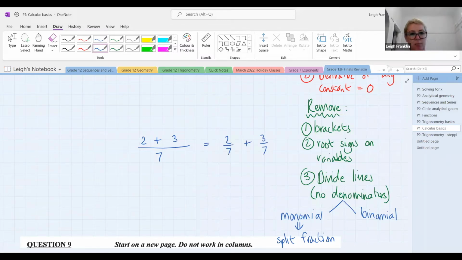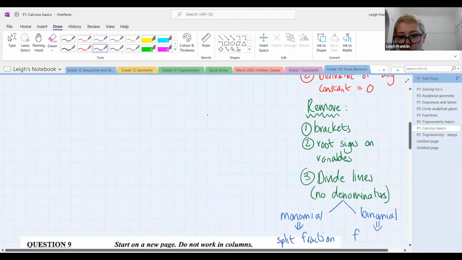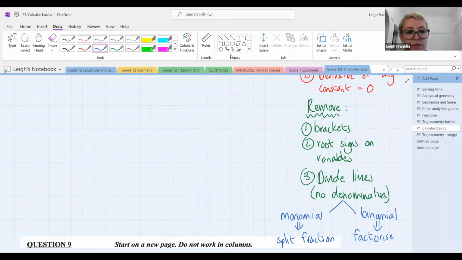That's the first step. So if you've got a monomial, you're going to split it. If you've got a binomial denominator, what do we do then? We have to factorize. Absolutely, we have to factorize.